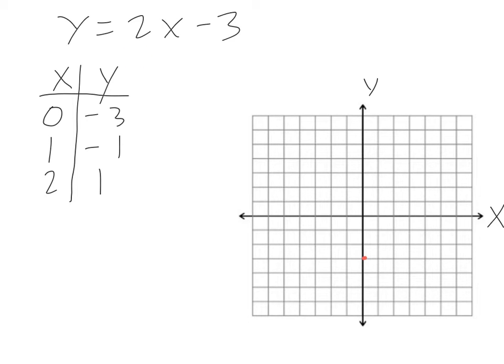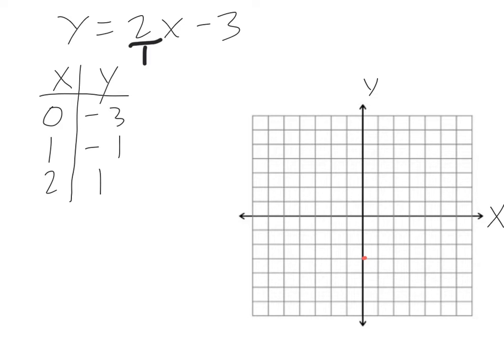Anytime you have a number in front of x, you think rise over run. So you want to look at this as a fraction. So we'll put this over 1, because any number by itself is over 1. Then it's rise over run.